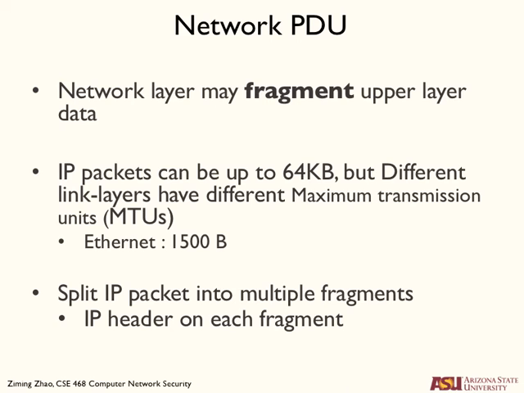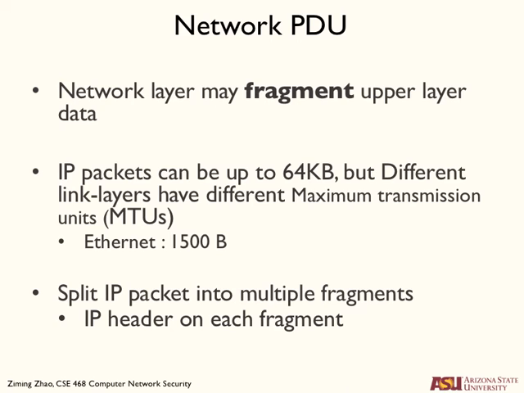So because of some physical constraints, a lot of data link layer or physical layer devices can only send a frame with a specific size. For example, in the most popular one, Ethernet, the biggest frame is only 1,500 bytes.